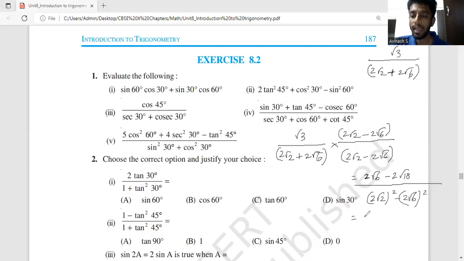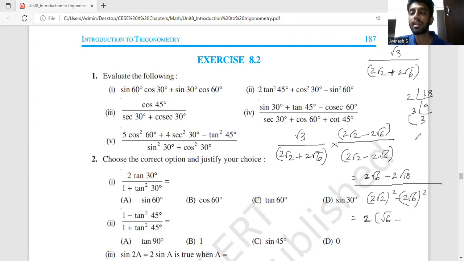So we do a square minus b square. And in the numerator, we can take 2 as common out. Root 6 cannot be simplified further, but root 18 can be simplified further, because if you simplify root 6, you will be getting just 2 and 3. There is nothing common to take out. Whereas in 18, we can write it as 2 nines are 18, and 9 is 3 times 3.